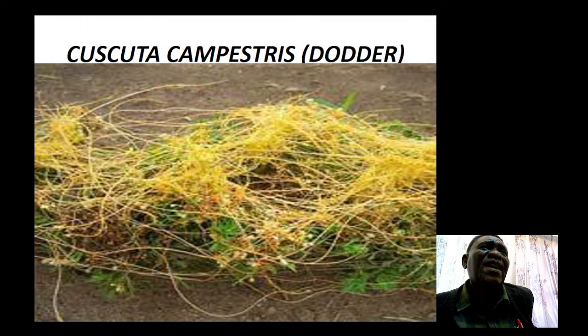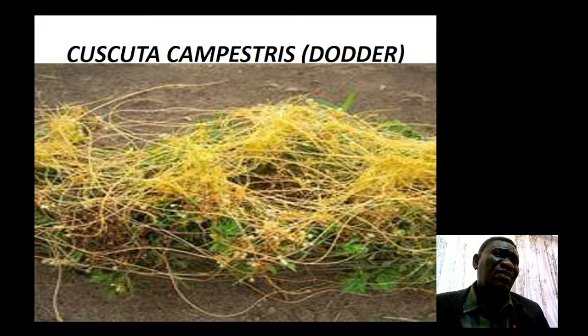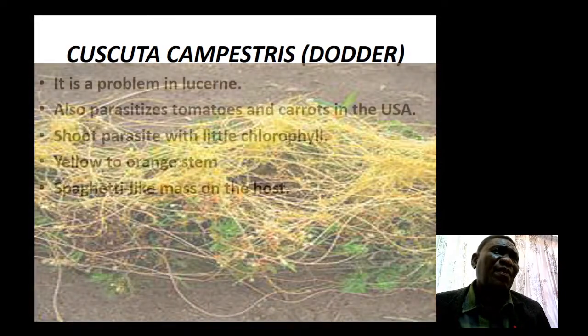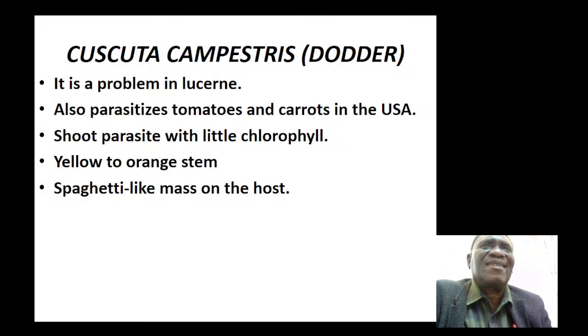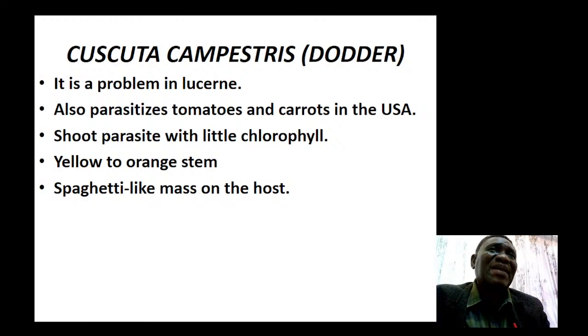Now, Cuscuta campestris, it looks like spaghetti. This is actually attached to the shoot of the host. Now, this parasitic weed, Cuscuta campestris, Dodder, is a problem in Lucerne.